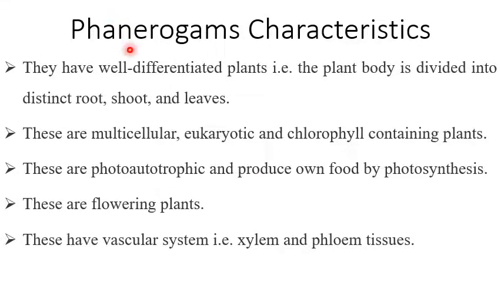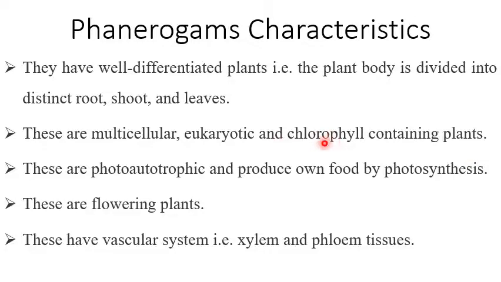Now we will learn about different characteristics of phanerogams. They have well differentiated plant parts, that is, the plant body is divided into distinct root, shoot, that is stem, and leaves. These are multicellular, eukaryotic and chlorophyll containing plants.